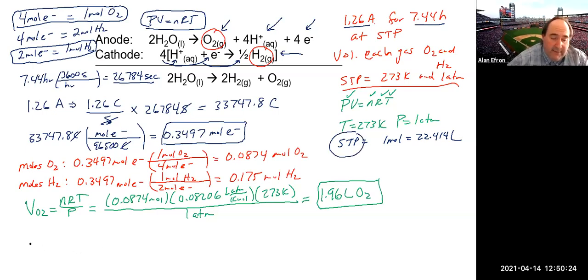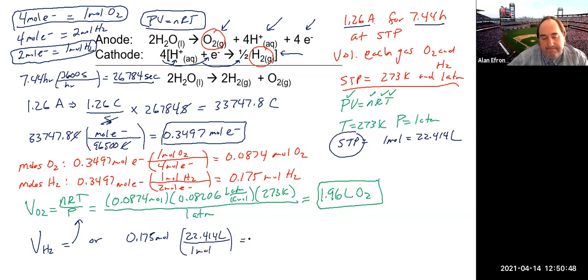If we're not at STP conditions, you can't use that, by the way. So because we are at STP conditions, the volume of hydrogen can be found the same way. You could just take the moles of hydrogen, which was 0.175 moles, and multiply it by 22.414 liters per 1 mole.